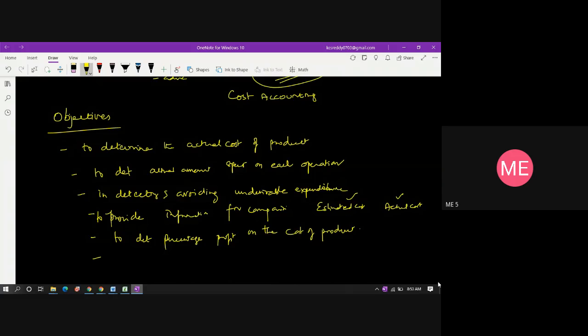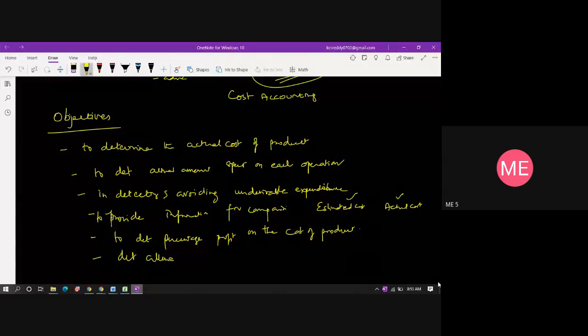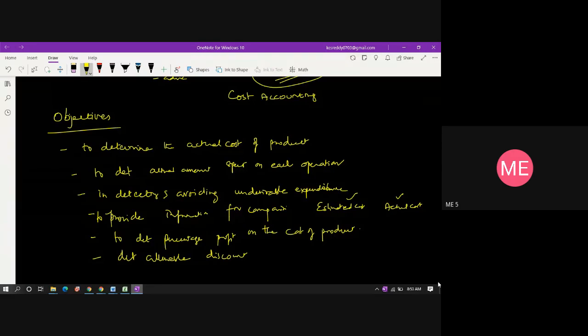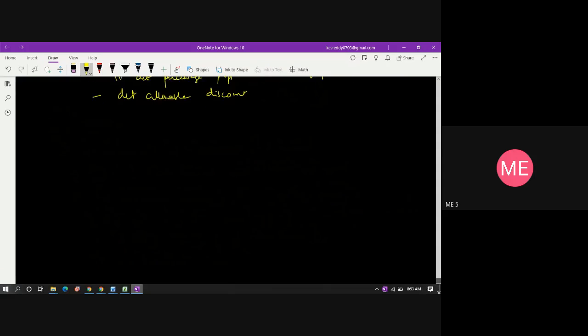And also it determines the allowable discount. These are the objectives of costing. Now, the elements of cost. We will discuss the elements of cost.